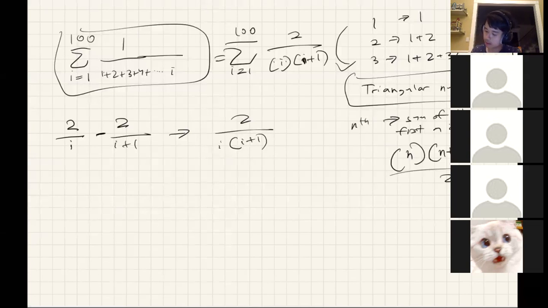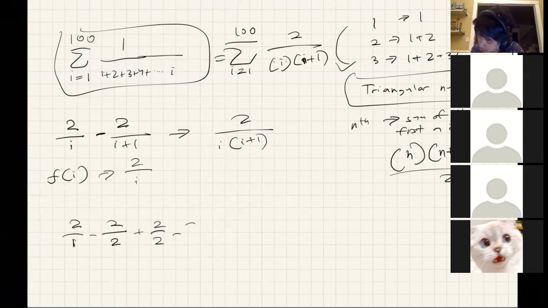So now you can see that our function f(i) that we talked about earlier is going to be 2 over i in this case. What we're going to have is the sum 2 over 1 minus 2 over 2, plus 2 over 2 minus 2 over 3, plus 2 over 3 minus 2 over 4.